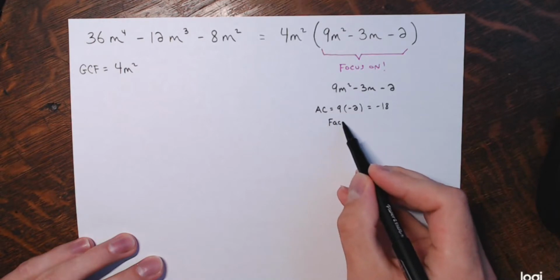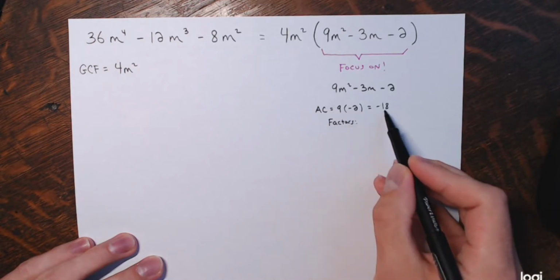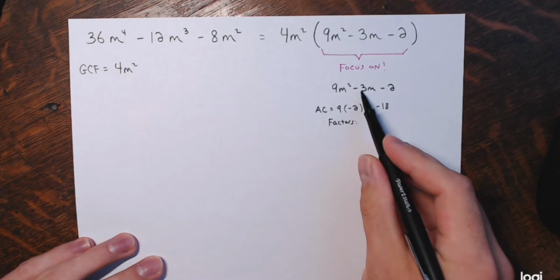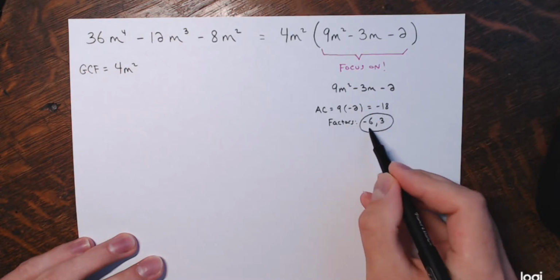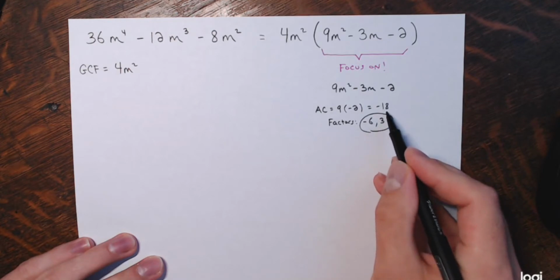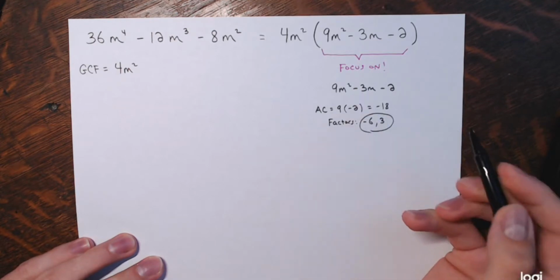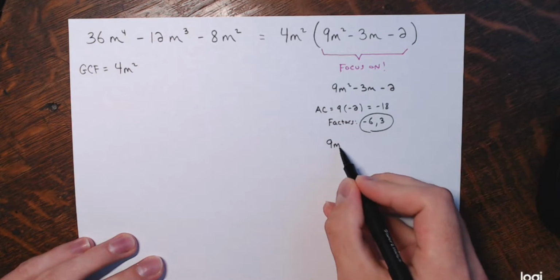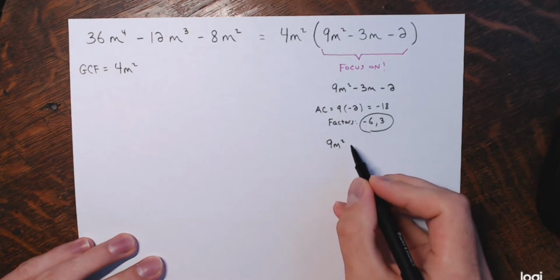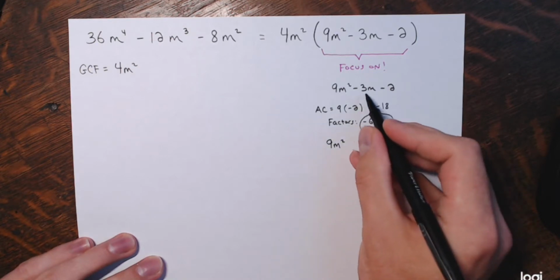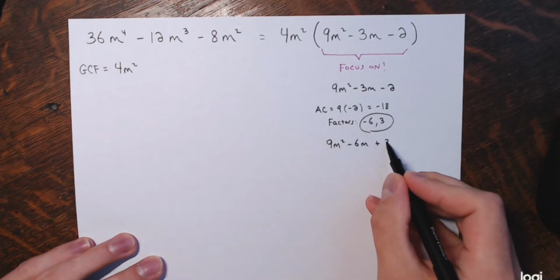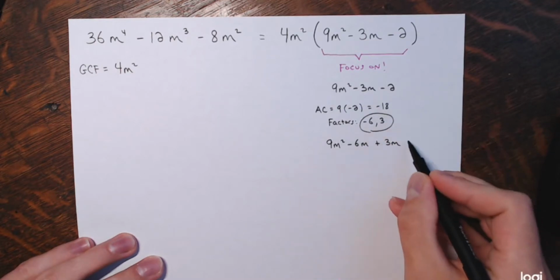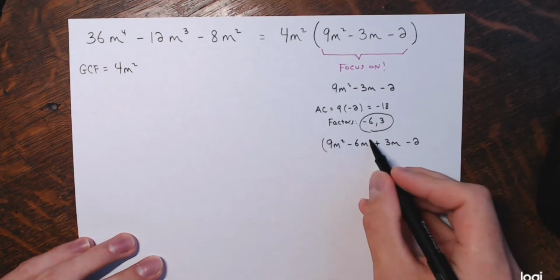The factors of negative 18 that have a sum of negative 3 would be negative 6 and positive 3. Those multiply to be negative 18, and they add to be negative 3. So now I'm rewriting the middle term. I have 9m squared, and then this minus 3m gets rewritten as minus 6m plus 3m, and then we have minus 2.